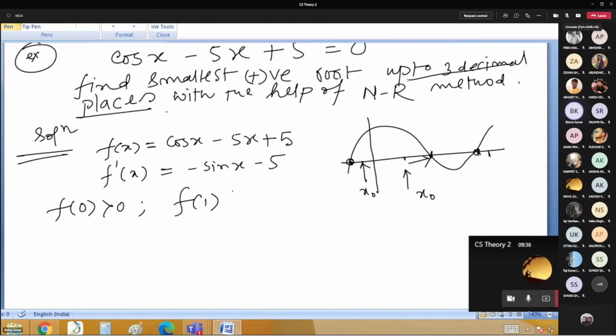When you do this type of calculation, keep your calculator in radian mode. What does cos 1 radian give, positive or negative? Cos 1 minus 5 into 1 plus 5. So the 5 cancels. So cos 1 radian, what is that value? Do you have a calculator?